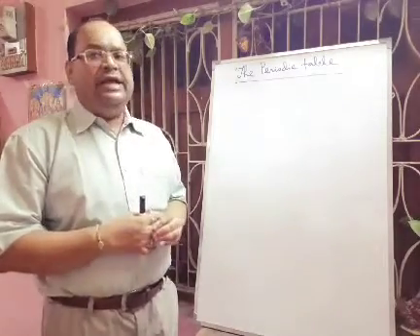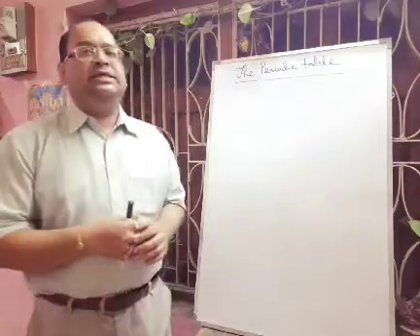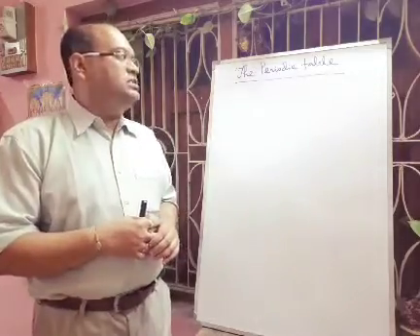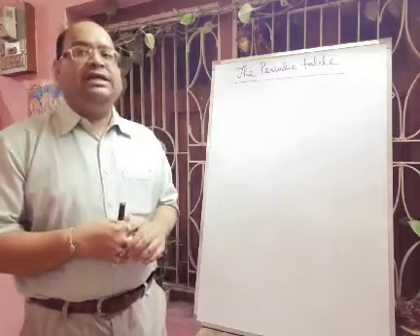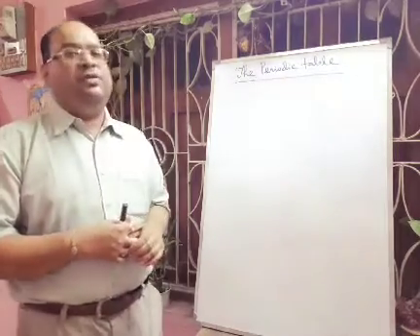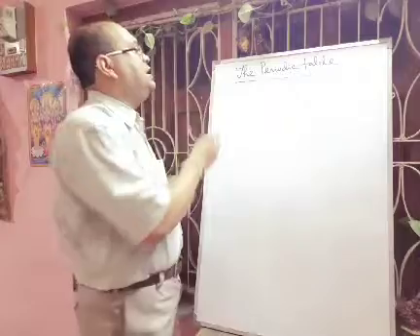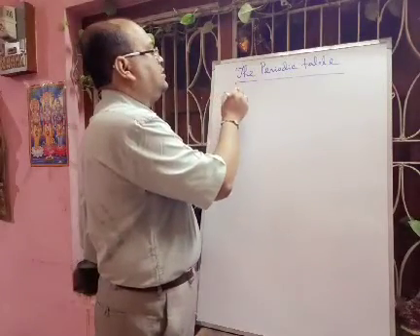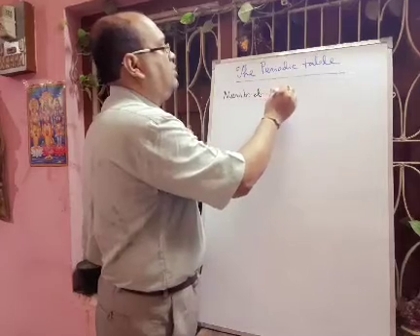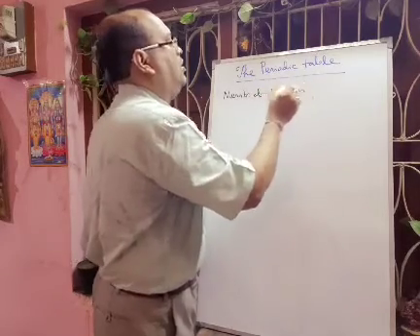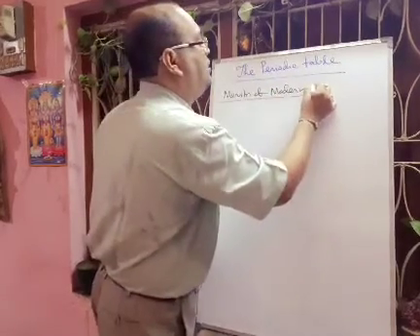Next in your syllabus there is the study of some groups. But before going to that, we have to discuss the merits and demerits of the modern periodic table. First we will discuss the merits of the modern or long form of the periodic table.